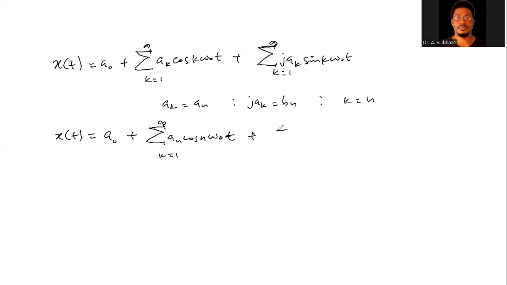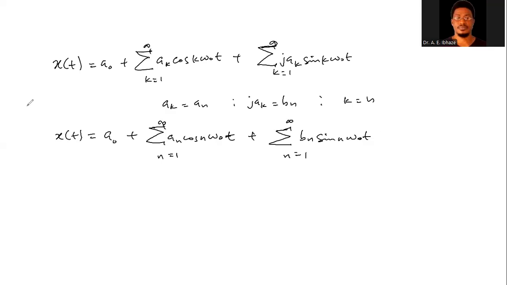Now we don't have k, we now have n, taking on values from 1 to infinity, b sub n sine n omega naught t. Okay.